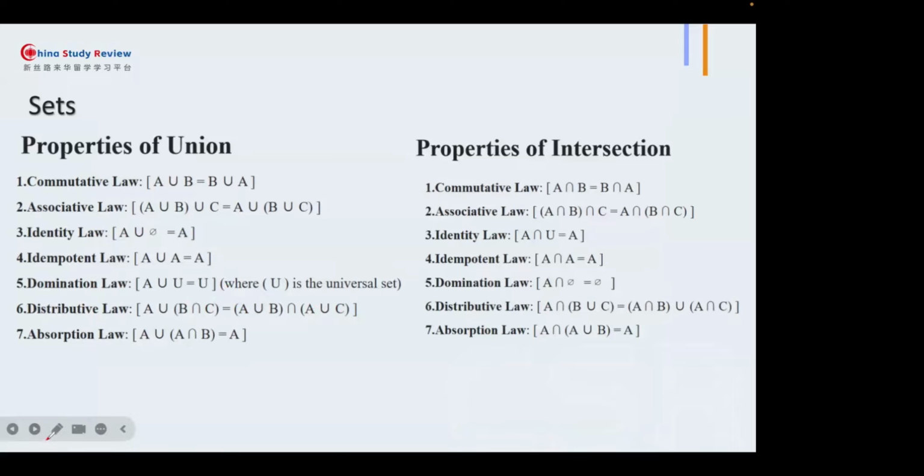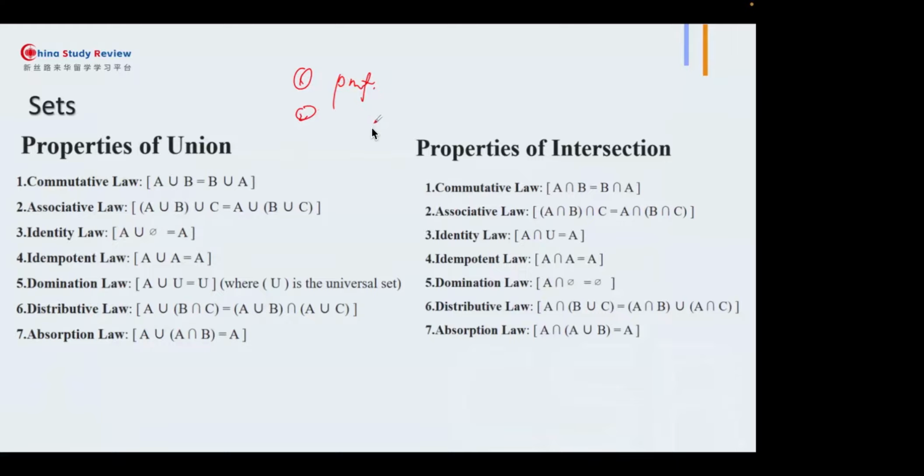And for this slide, we will see the properties of union and intersection. My suggestion is that please don't memorize them, because they're complicated and there's no need for you to memorize them. What I recommend is that firstly, you could prove them.